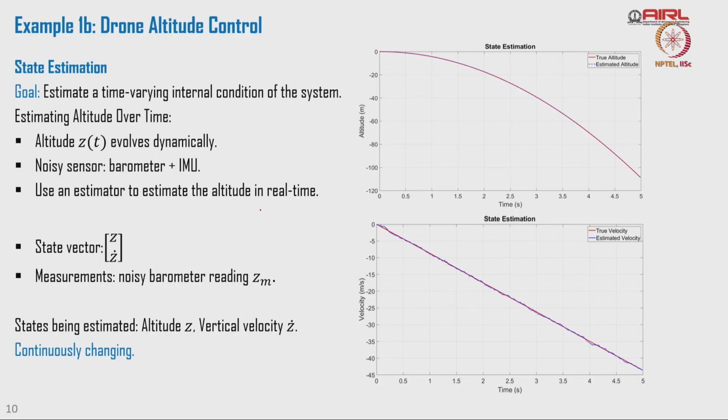So, measurement here, your barometer reading or your radar or LiDAR reading, which will give you your current height, which is noisy, and you have accelerometers available from your IMU. You can estimate your Z and Z dot. I am just trying to give you an example here.